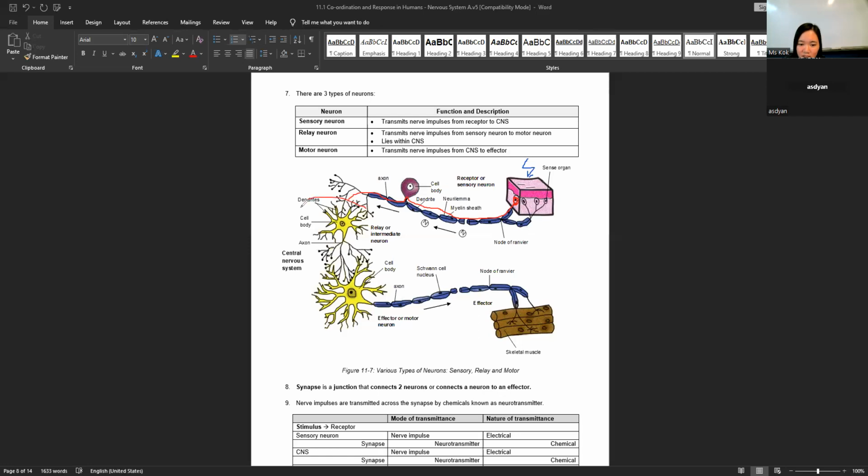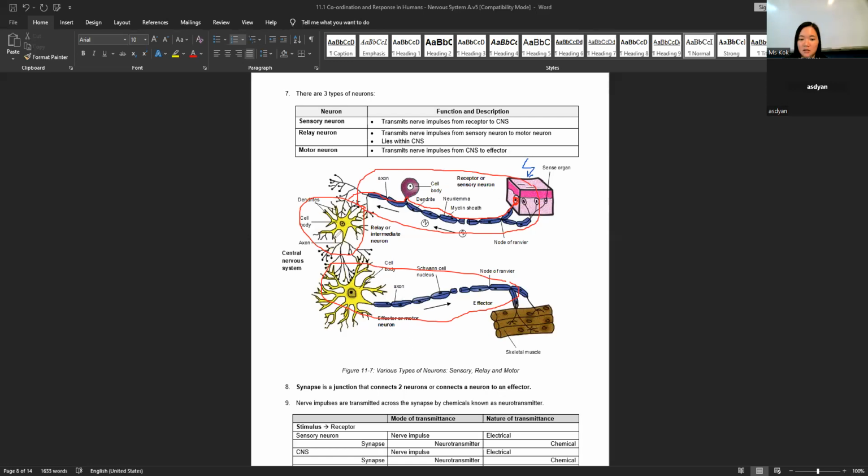Relay neuron looks somewhat like motor neuron, but it is shorter and it doesn't have Schwann cell. Okay, relay neuron doesn't have Schwann cell, doesn't have myelin sheath. Okay, the motor neuron has Schwann cell and also the myelin sheath. Okay, and then if you look closely here, the sensory neuron is unique compared to the rest.